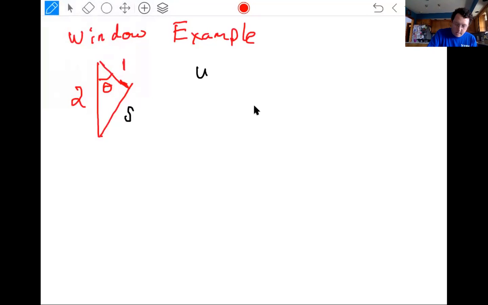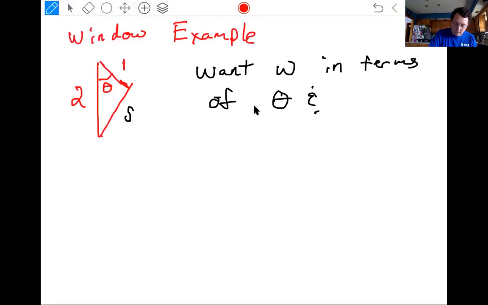So we want an expression for omega in terms of theta and S. So we'll have a formula that could vary as you change the length of that piston cylinder, the angle will change. So these can be a little complicated.